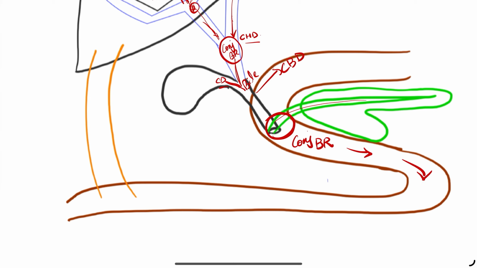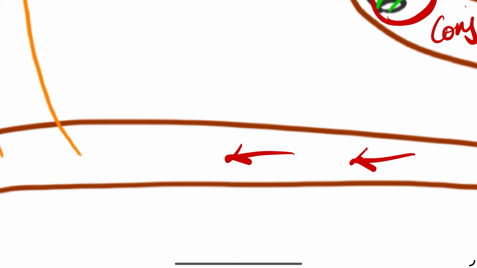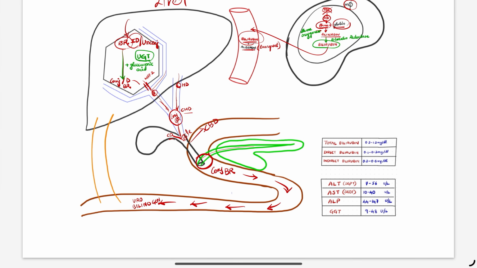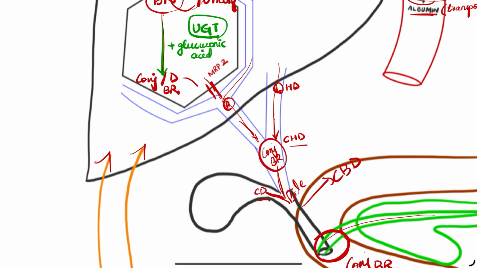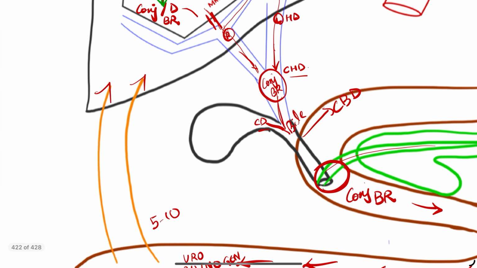It travels in the intestine. The intestine has bacteria. The intestinal bacteria convert conjugated bilirubin into urobilinogen. Urobilinogen is formed in the intestine. Some part of the urobilinogen, about 5 to 10%, will be reabsorbed. It will be absorbed back into the liver via the enterohepatic circulation. Entero means intestine, hepatic is liver.